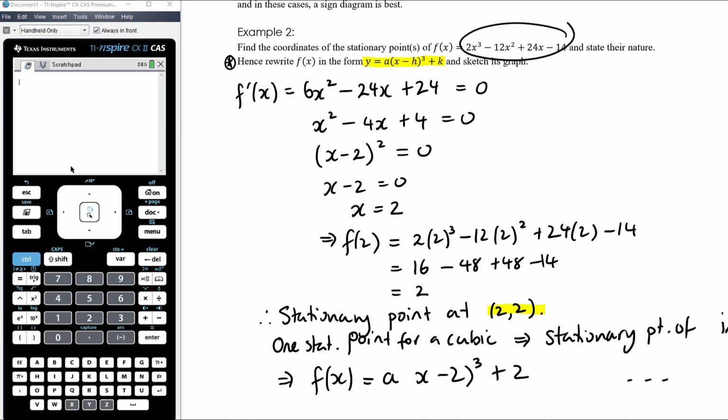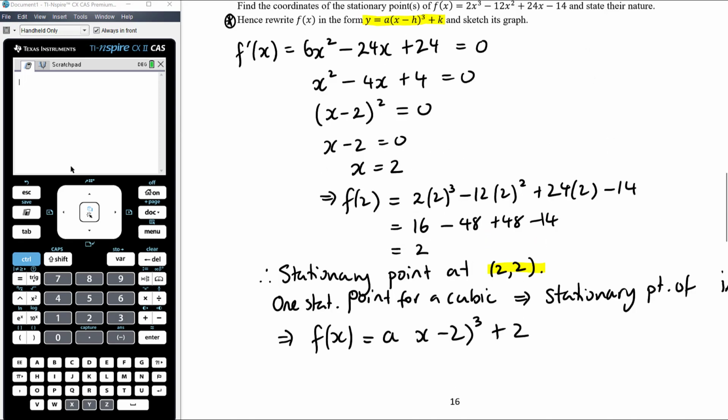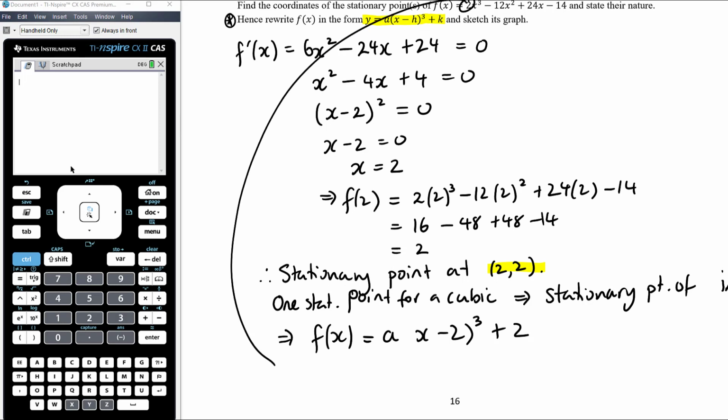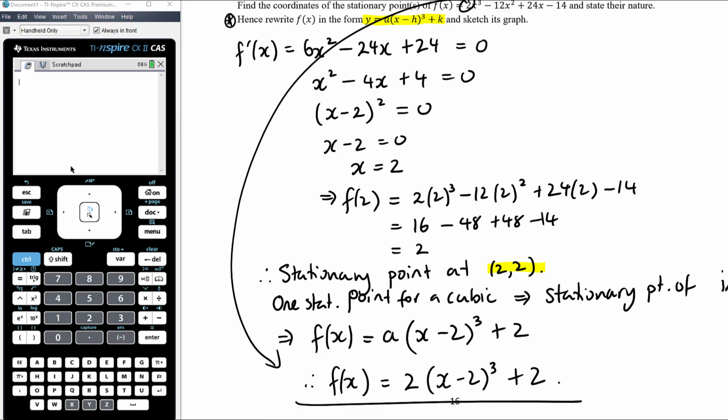So the coefficient of x cubed in the original function will tell you that f of x has to be 2 times x minus 2 cubed plus 2. So if you were to expand all that out, it should give you the same equation as that.